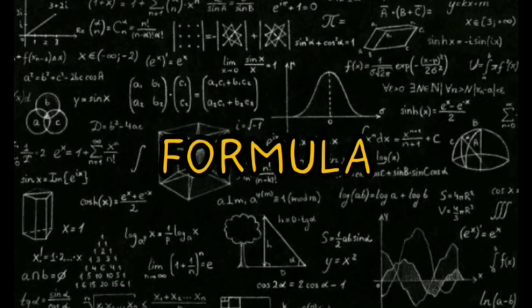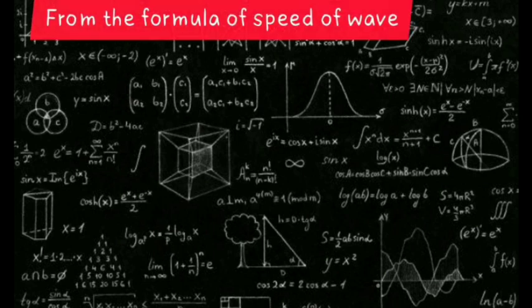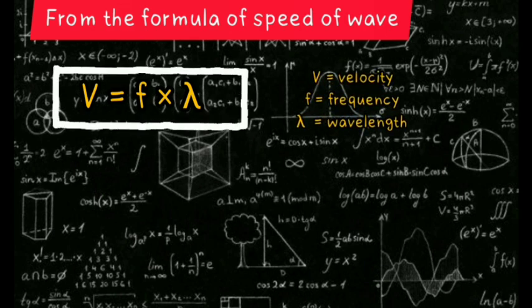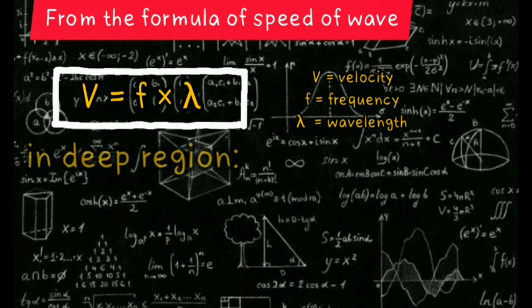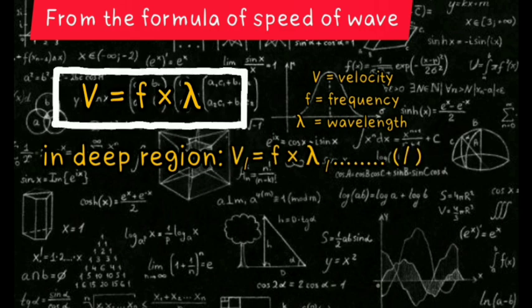Let's derive the formula. From the formula of speed of wave, we can get the formula v = fλ. v is velocity, f is frequency, and λ is the wavelength. For example, in deep region, the equation is v1 = fλ1.